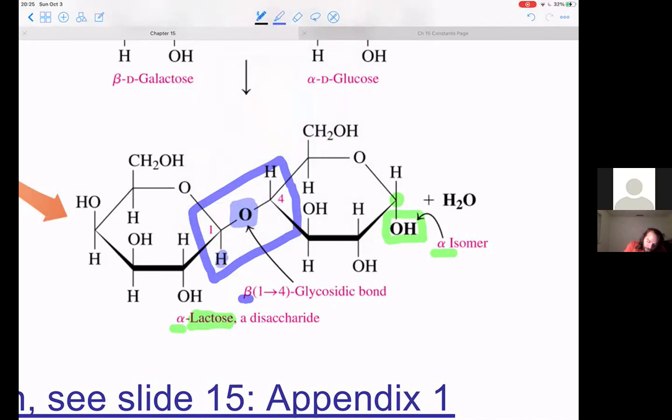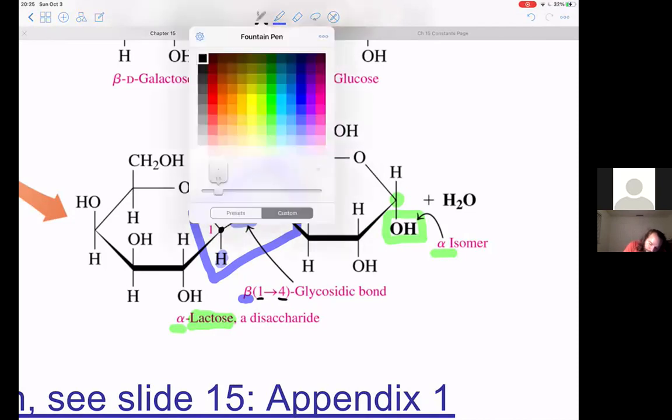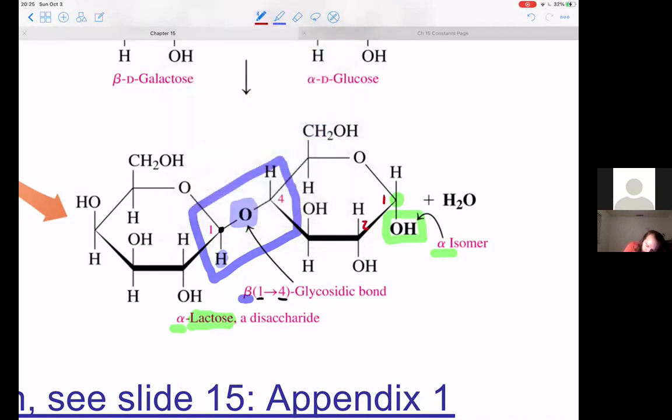And it's a 1,4 linkage because it's between carbon 1, the anomeric carbon, which will always be carbon 1, and then in this case, the other sugar is connected at carbon 1, 2, 3, 4. So this is a beta 1,4 glycosidic bond.